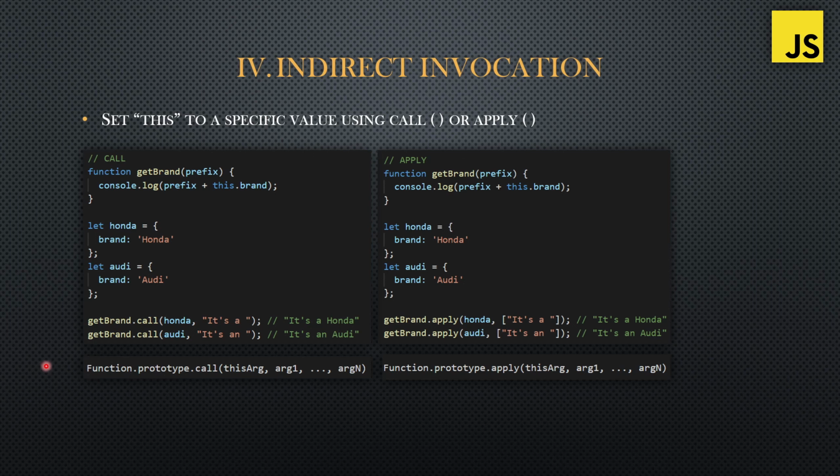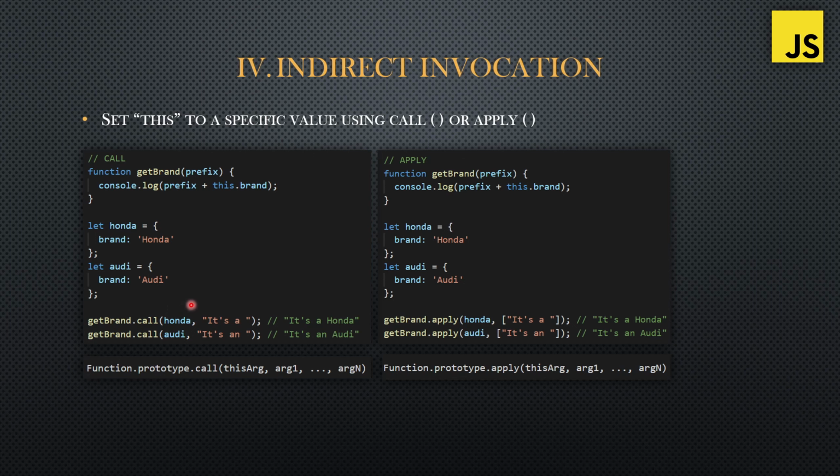Here is the signature of the function call. You set the first argument as the value of this, and then these are optional parameters. So you call the function you want, then you use the function call. This will be equal to Honda.